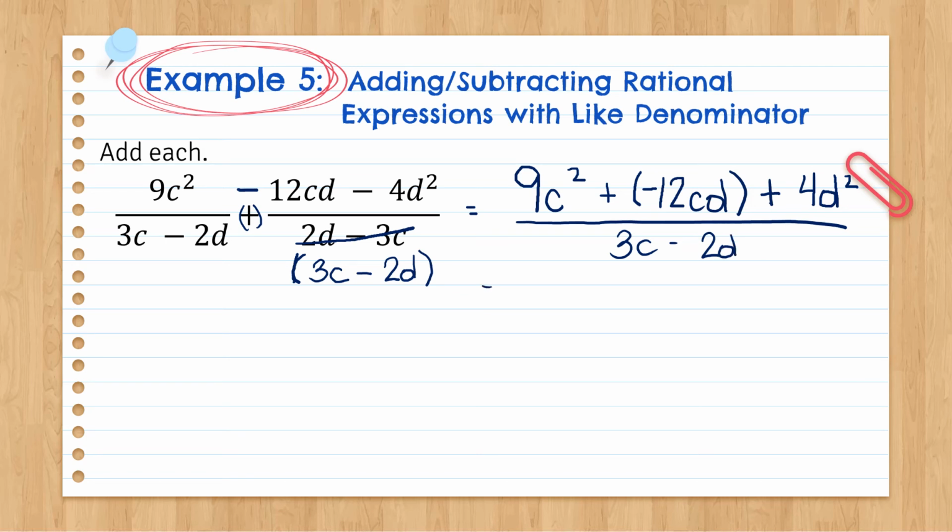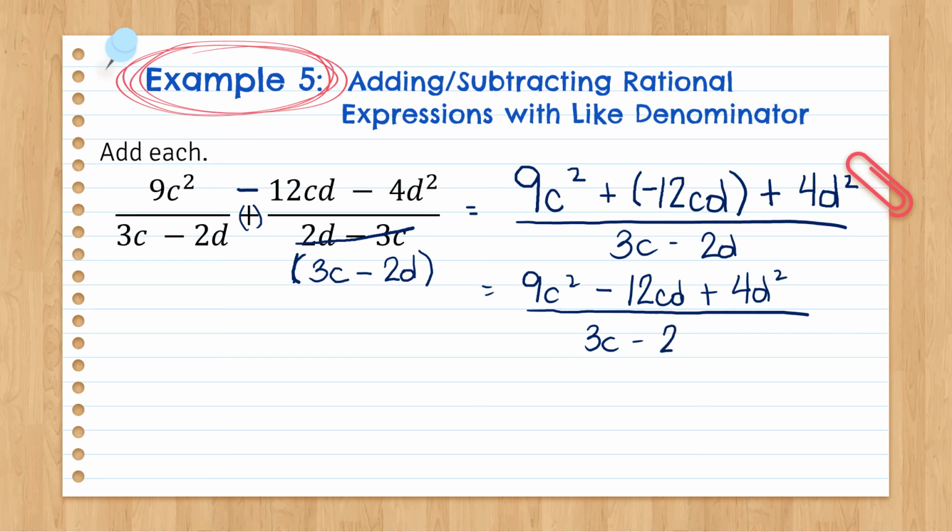Sulat natin na mas maayos. So, we have 9c squared. Pwede itong i-multiply para isa lang ang sign. So, plus positive times negative. So, it's negative 12cd plus 4d squared. Yan. Over 3c minus 2d. Parang pwede natin factor ang ating numerator.